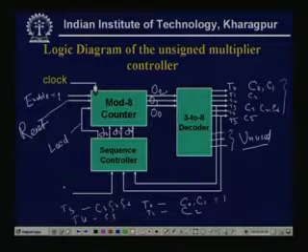This is another Z input, and these 2 inputs are coming from the T3 line and the T5 line. So, T3 line and T5 line, these 2 are added. So, these are the logic diagram of the unsigned multiplier.